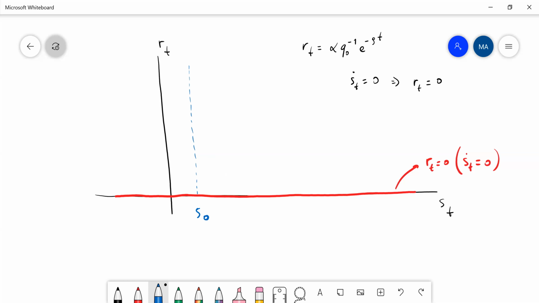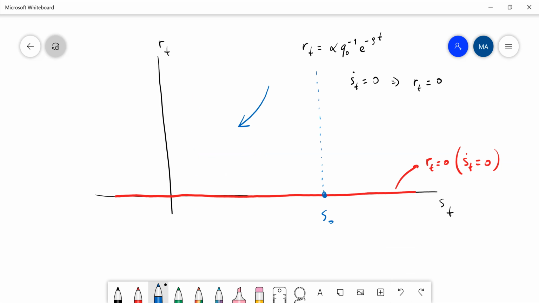Now, once again, what do I know? I know that R will be decreasing in time. Sorry, I'm of course doing this entirely wrongly, it is not correct. This is my initial stock, and R will be decreasing.